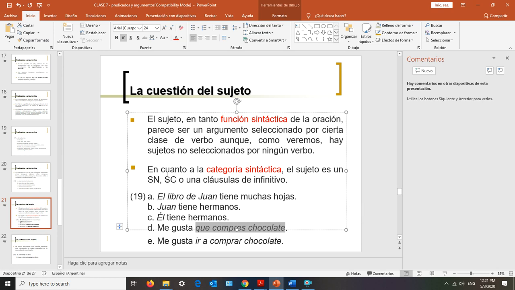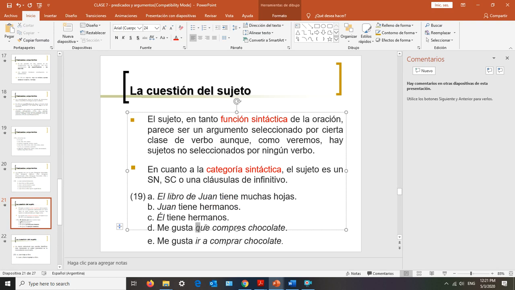We're not going to worry about this term, but what you must remember is the following. El libro de Juan is a full noun phrase that performs the function of subject here. Juan is a proper noun. Él is a pronoun, right? All possibilities for a category that may perform the function of syntactic subject.